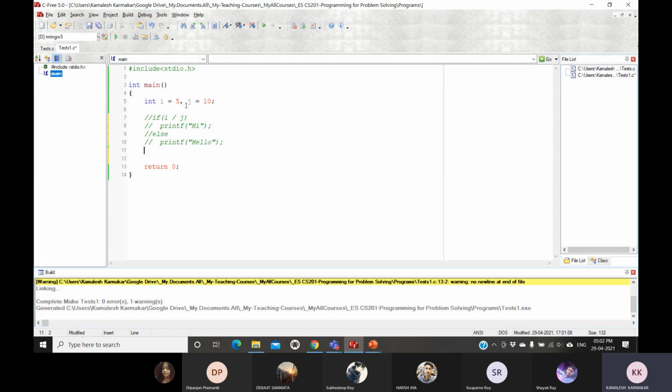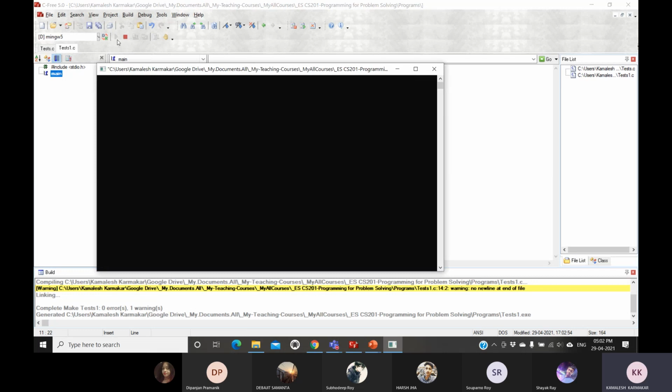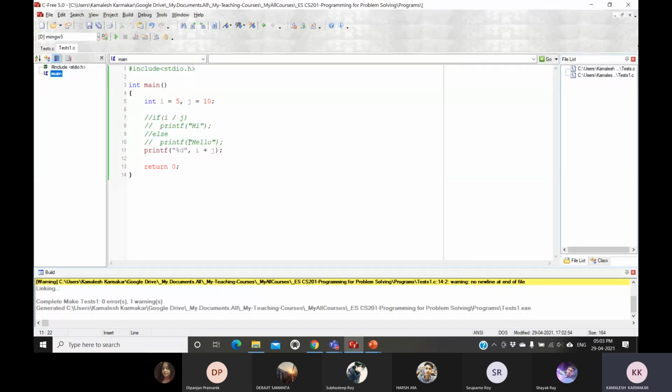Now I want to print i plus j. What will be the value? 15. 5 plus 10 is 15.